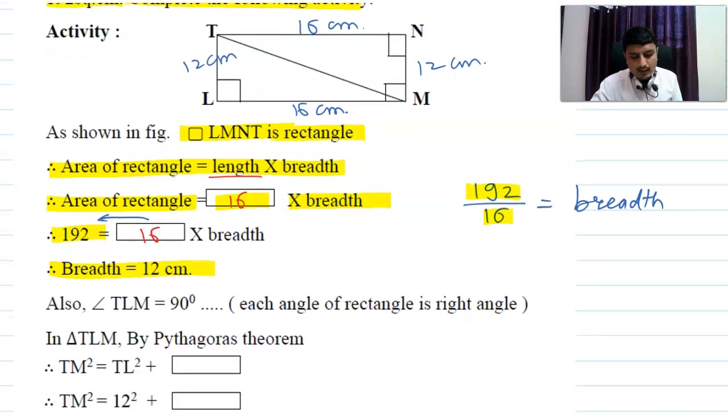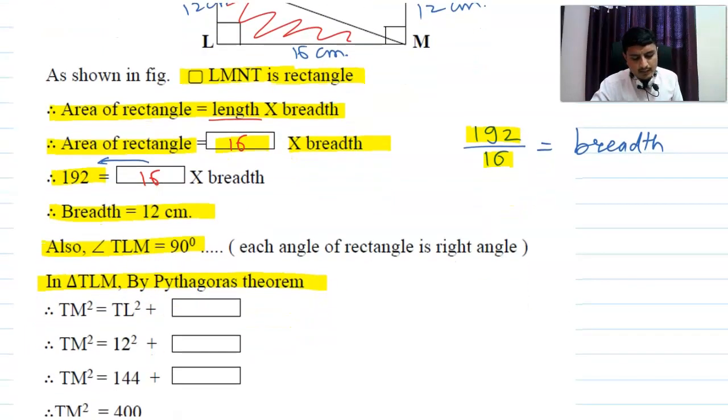Look at the next step. We also have angle TLM equals 90 degree. Considering triangle TLM, this red shaded triangle, angle TLM is 90 degree. By using the Pythagoras theorem, TM square, the hypotenuse square, is equal to TL square plus LM square. The hypotenuse is nothing but the diagonal of the given rectangle. Replacing by their values, TL is 12, so 12 square, and LM is 16, so 16 square.